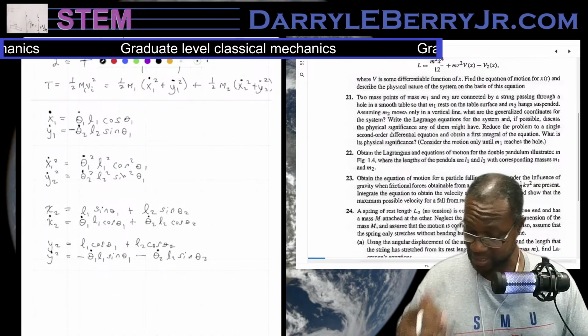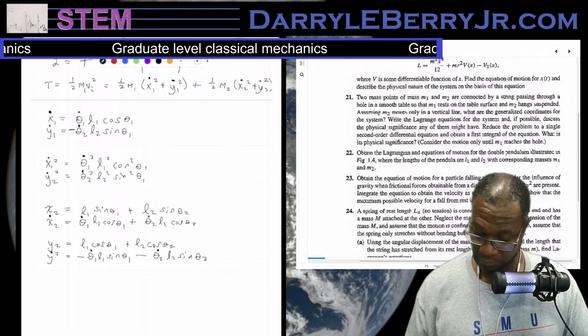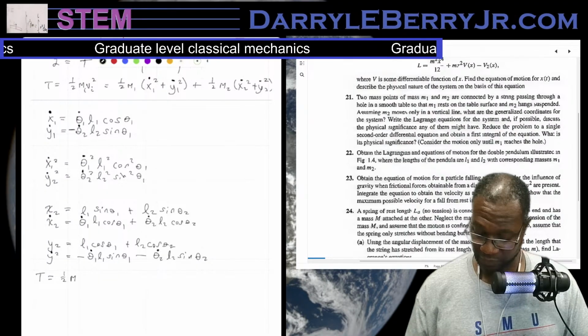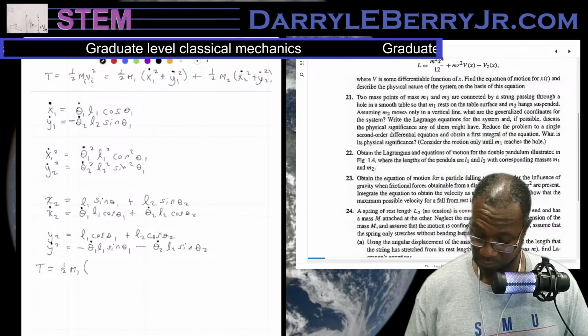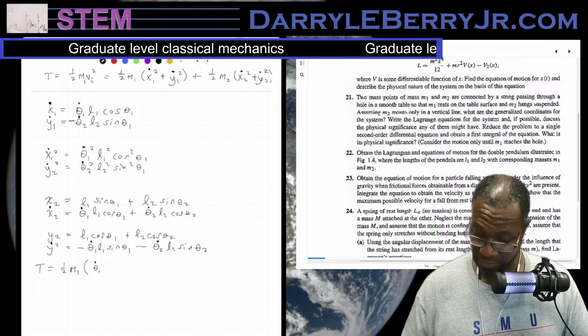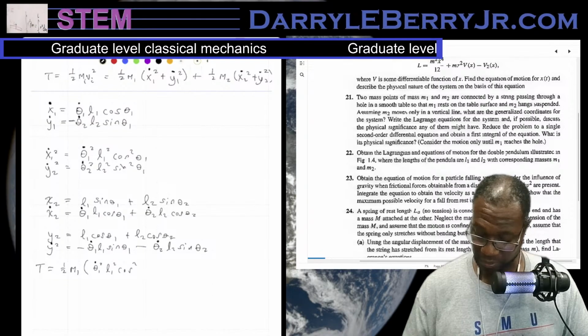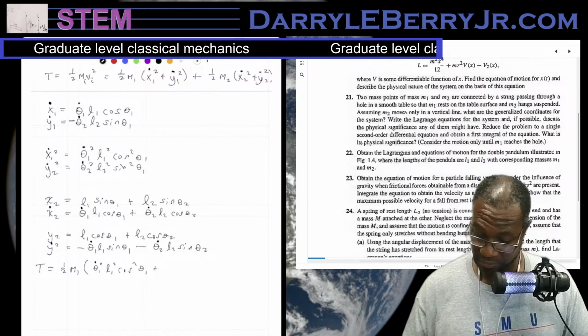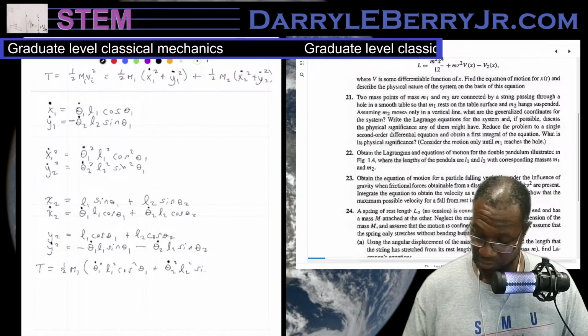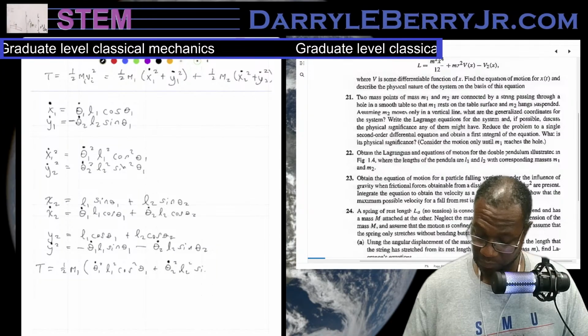So we would have T equals 1/2 m1 theta 1 dot squared L1 squared cosine squared theta 1 plus theta 2 dot squared L2 squared sine squared theta 2.